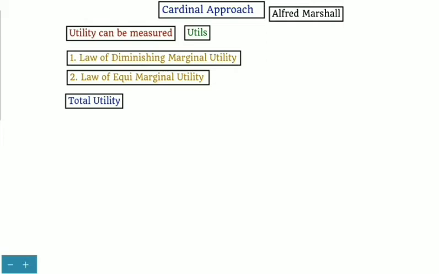The first mango will give some amount of utils, the second mango will give some utils. So the addition of all the utils derived will give the total utility. That is, utility derived from the first mango and utility derived from the second mango until the last mango.